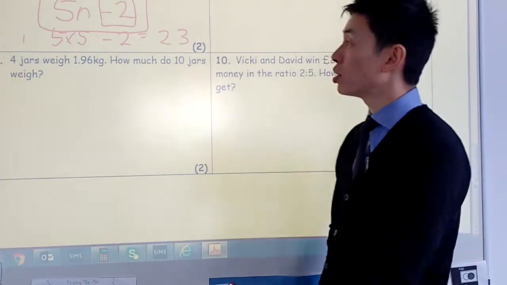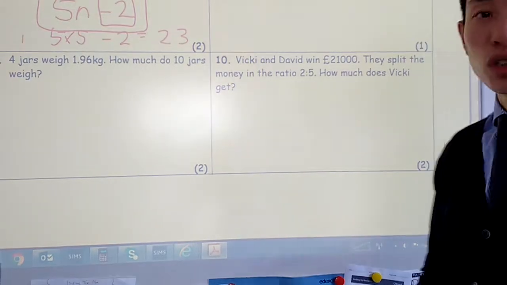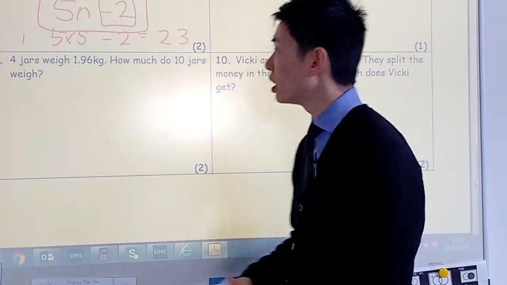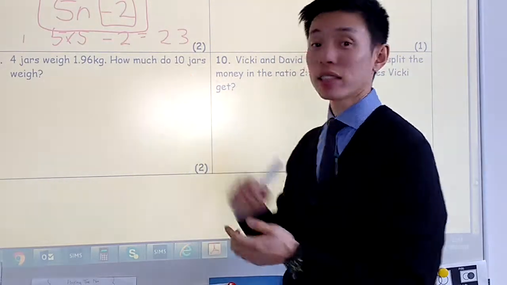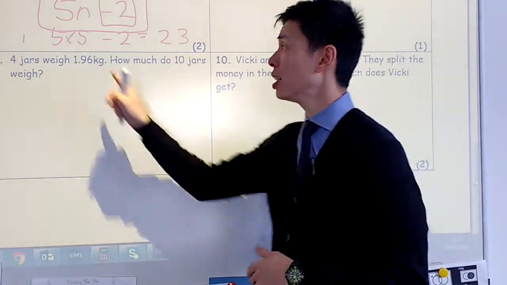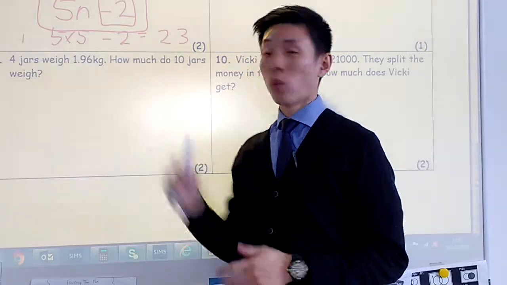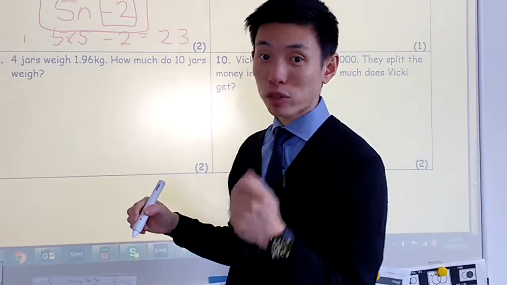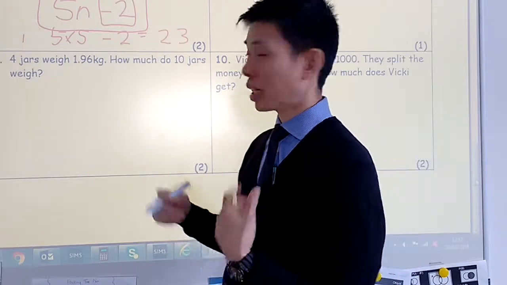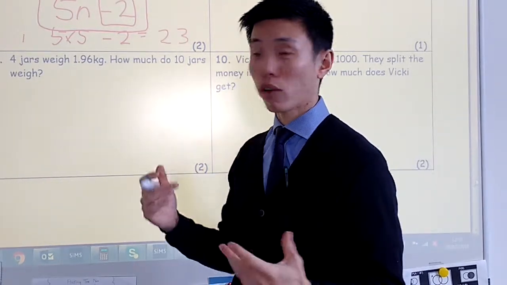Okay, this is usually, I call this the unitary topic, because really you need to work out what 1 is worth in order to find 10. So since they don't tell you what 1 is, but by law in the supermarket they now have to tell you what 1 is worth, so that you're not confused with all those offers.